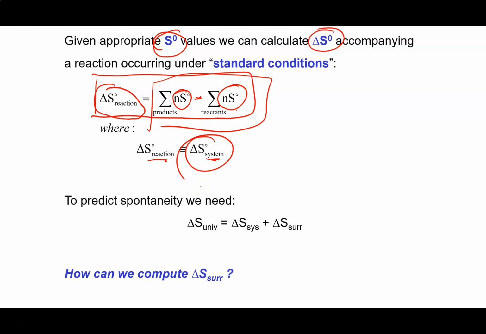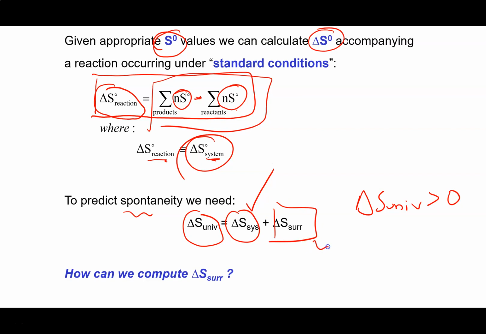We can calculate delta S for our system. Now that's kind of fun and all, but we know that to predict spontaneity, we need to calculate delta S of the universe, and if that number is greater than 0, then it will be spontaneous. So far, we've learned how to calculate delta S of the system. How do we calculate delta S of the surroundings?